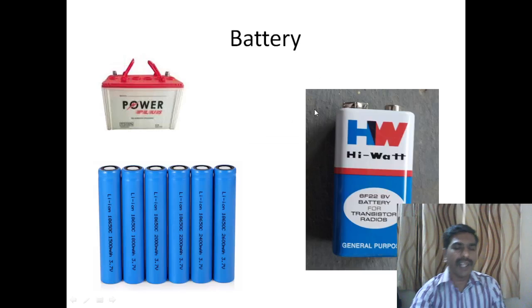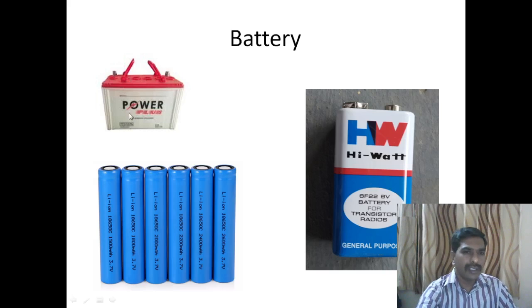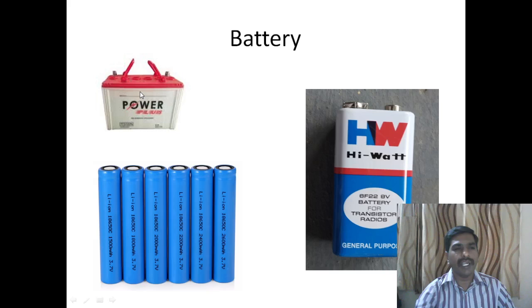And battery means a collection of cells. Multiple cells connected together form a battery. There are different kinds of batteries available in the electronics laboratory. This is a UPS battery. It has a series of cells connected one by one. That is called a battery.